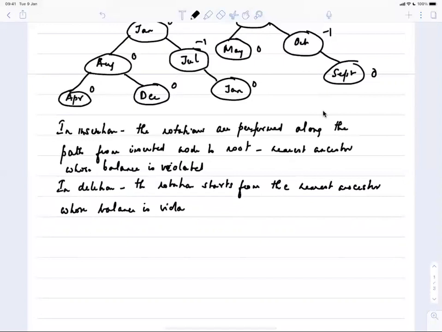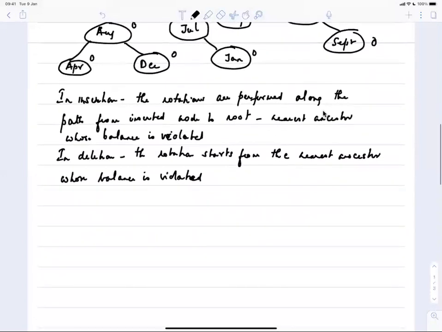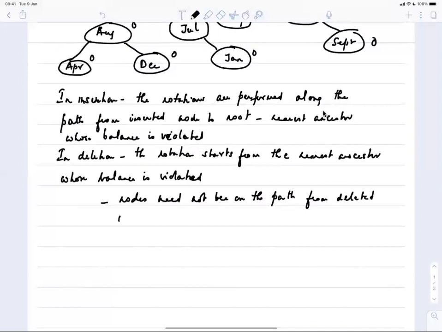But the nodes that participate need not be on the path from the deleted node.